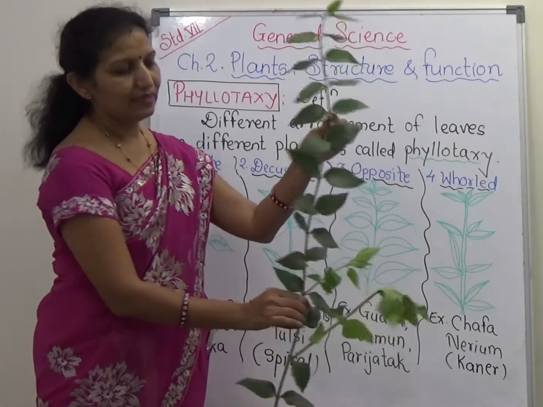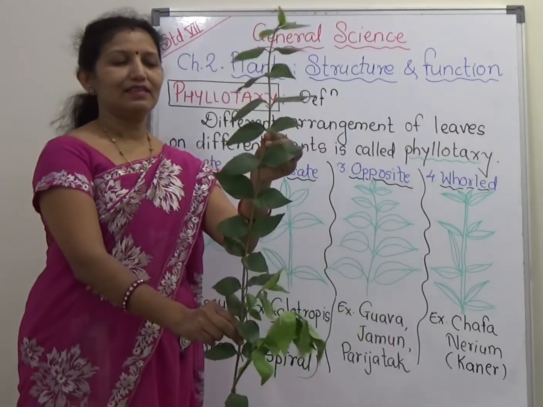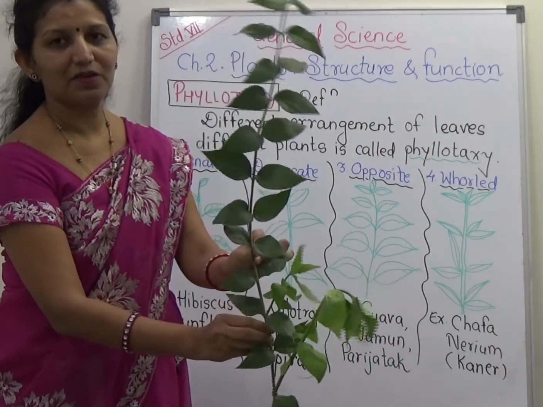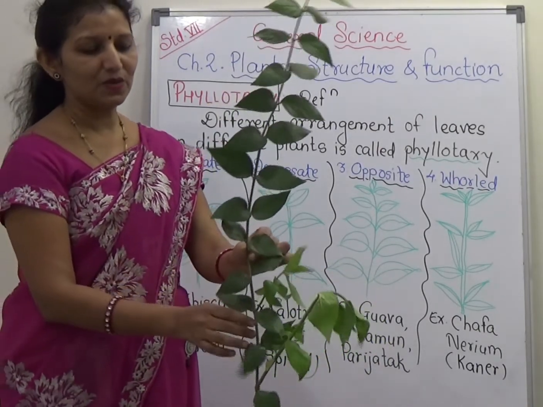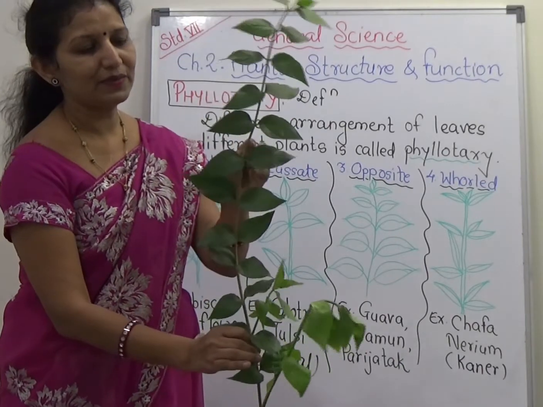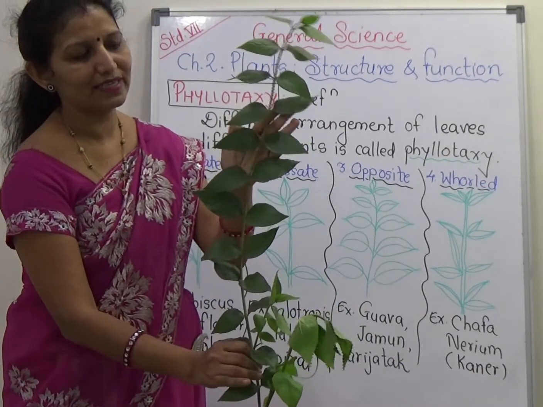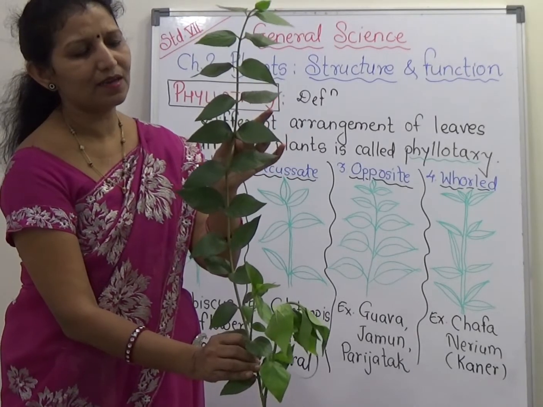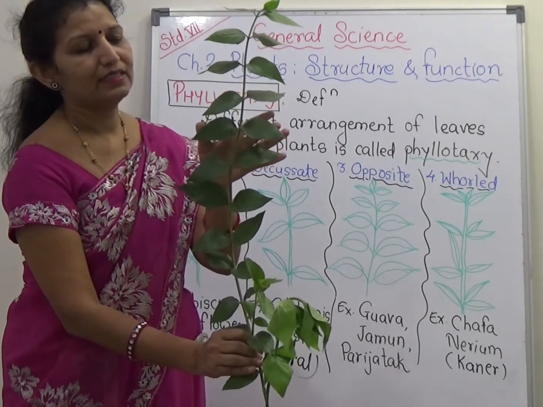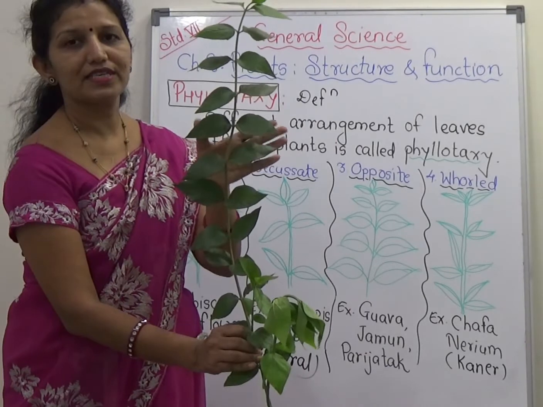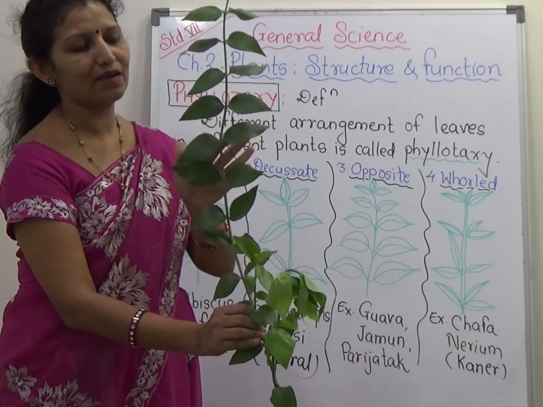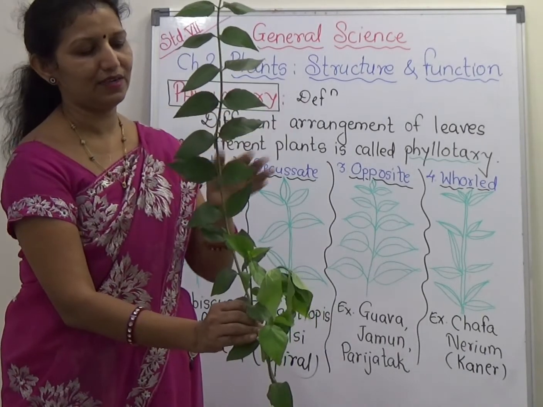See, this is Parijataka. So, in this twig, you can see the arrangement of leaves here. See, these are arranged at the same node and they are arranged opposite to each other, to the right and left, but at the same node and in the same direction.